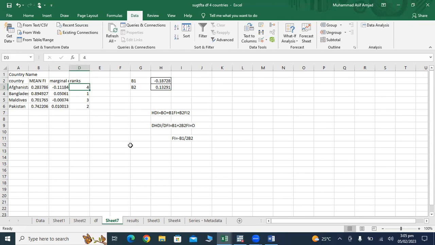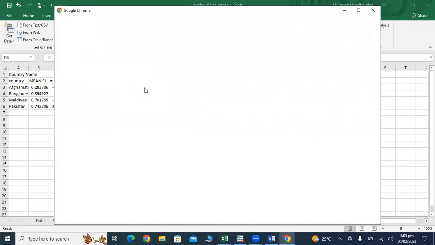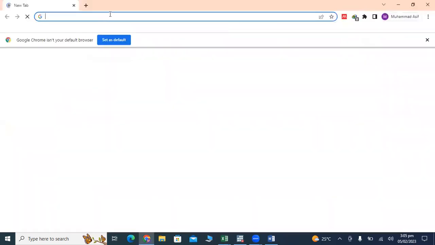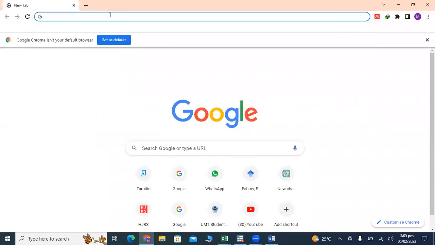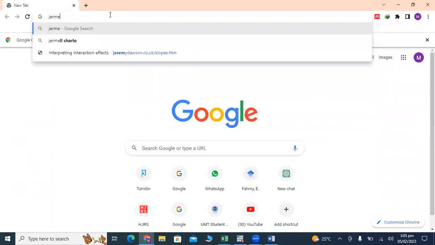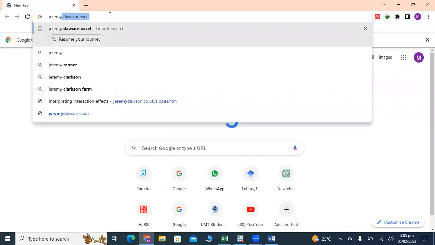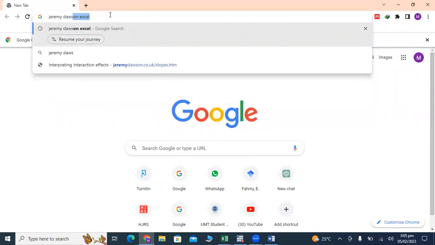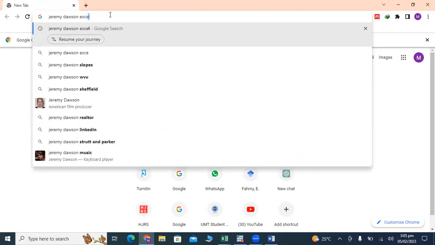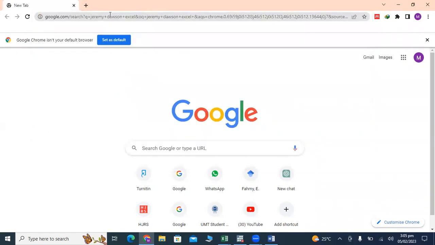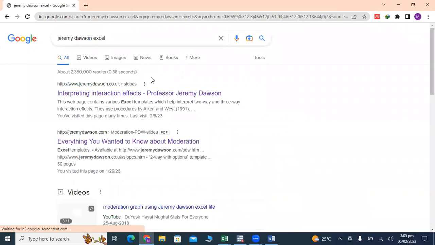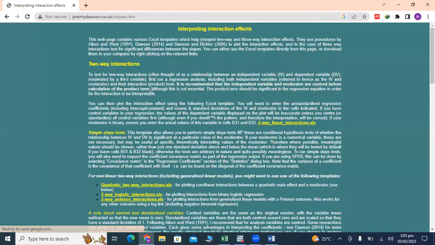Now, if we want to trace the U-shaped curve, we move towards Google. Open the Google folder. This is Google, and right here, Jeremy Dawson's Excel file. Jeremy Dawson developed all these calculations in his Excel files.